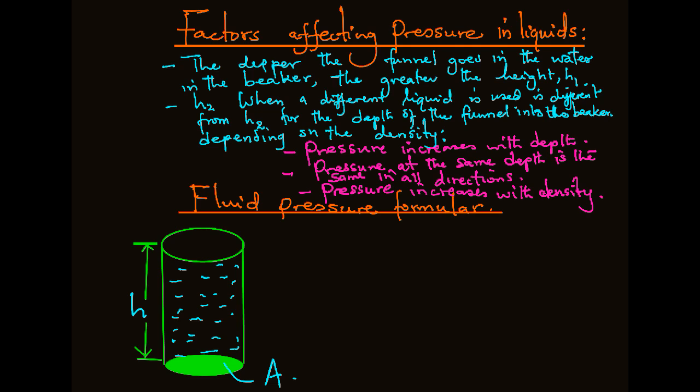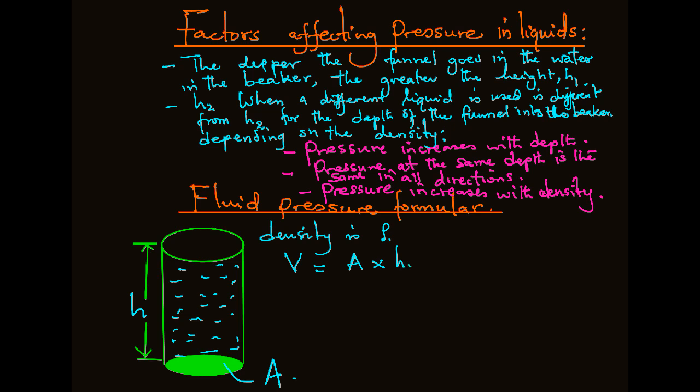If A is the cross-sectional area and h is the height and the density is given as rho, then the volume of the liquid is equal to the cross-sectional area multiplied by the height. So V equals A times h.